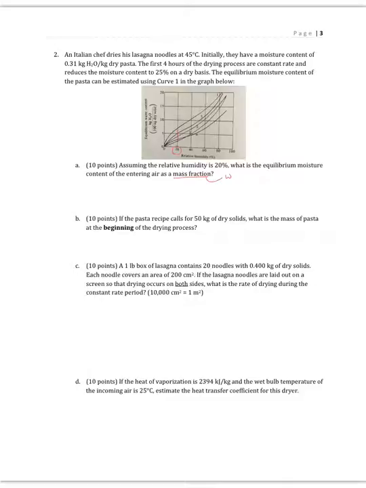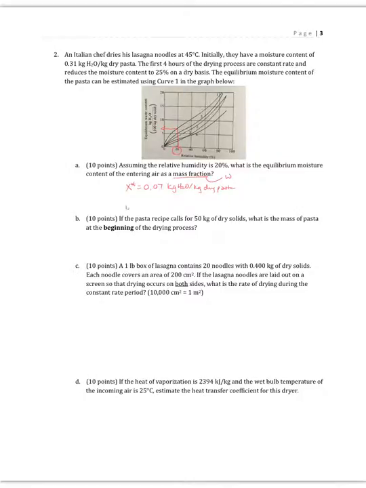Now my graph provides for me X, and I read X star as 0.07 or 7 kilograms of water per 100 kilograms of dry pasta.